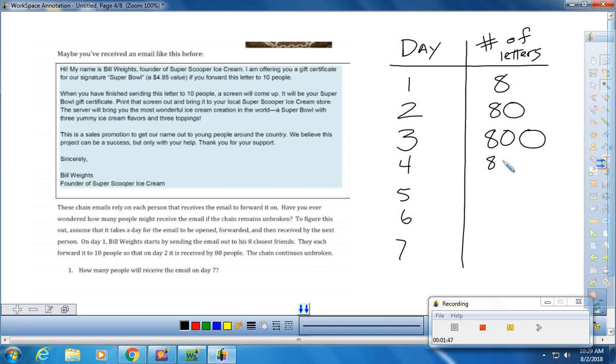So it's going to be 8,000 people get it on day 4. 80,000 people get it on day 5. 800,000 people. And 8 million people. So just by day 7, 1 week later, if everyone does this, 8 million people will have gotten the letter on the 7th day.